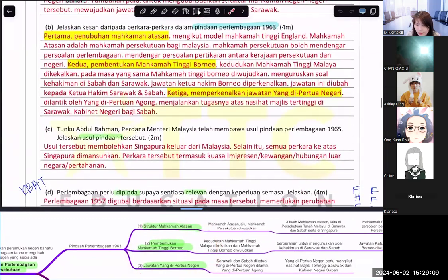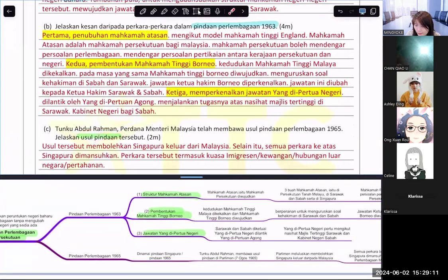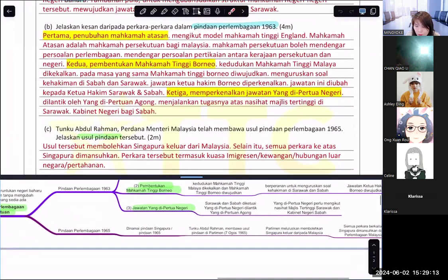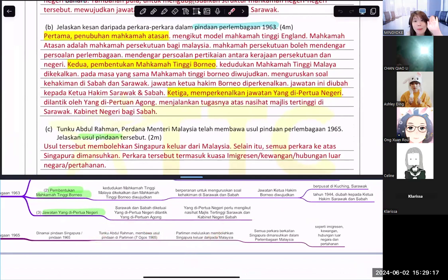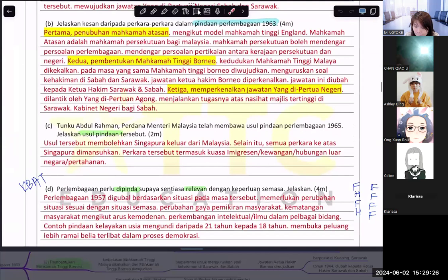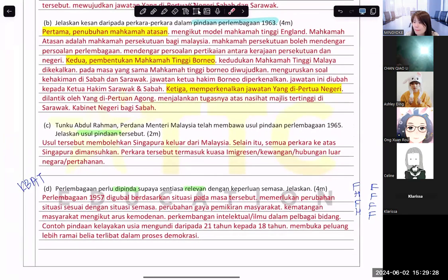And the last one, what is the proposal that Tunku Abdul Rahman have given? Proposal, which is 1, approve for Singapore bye-bye. 2, abolish all the things about Singapore. Example. And the last one, kebat.